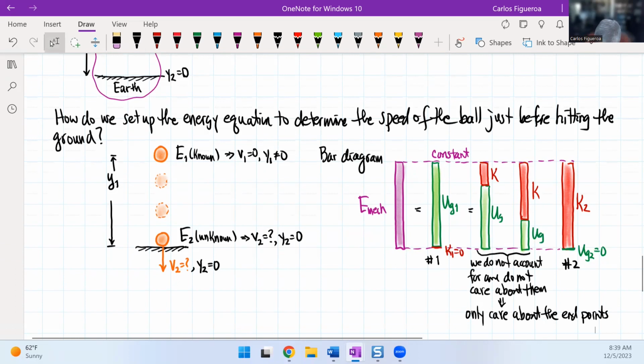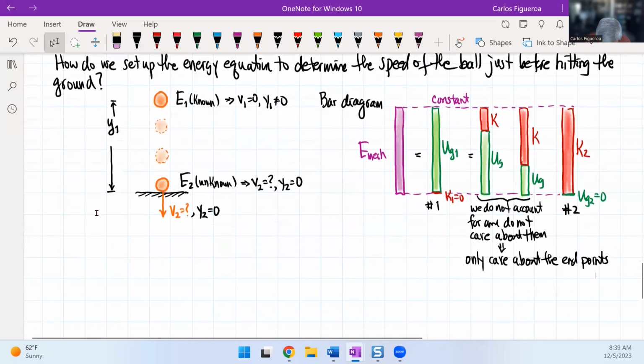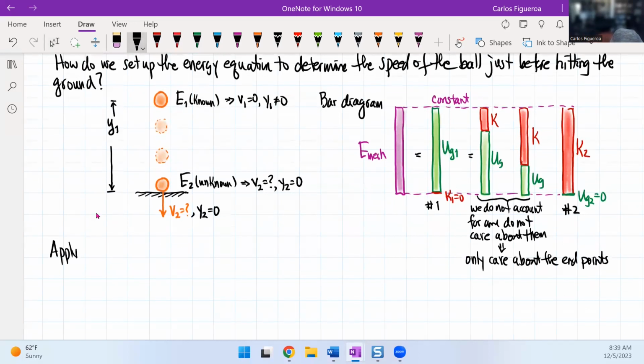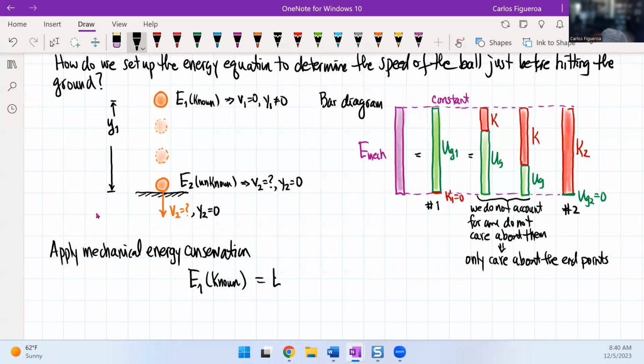So then I use conservation of energy now. If I apply mechanical energy conservation, from the bar diagram, I know that I have energy 1, which is a completely known energy. And then I compare that to energy 2, which is an unknown energy.